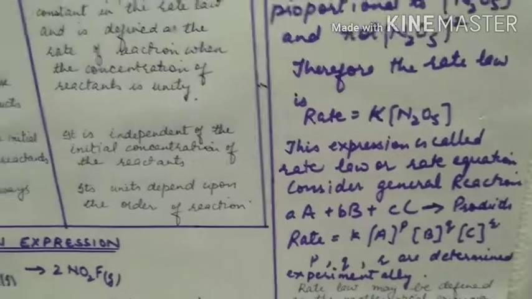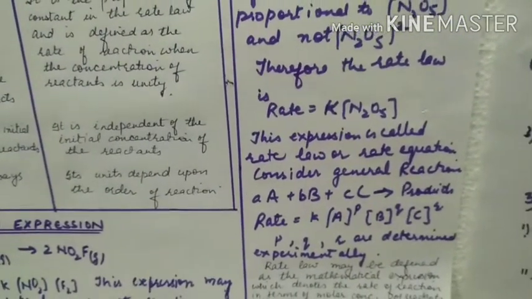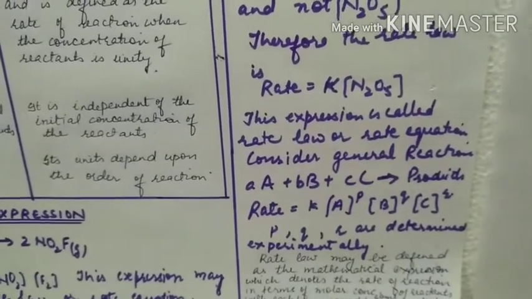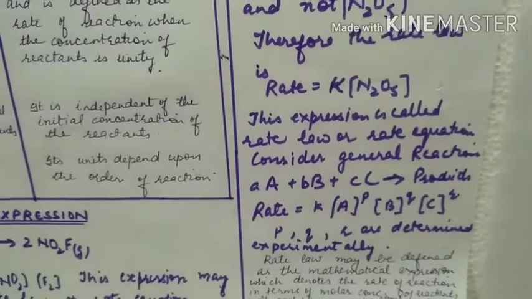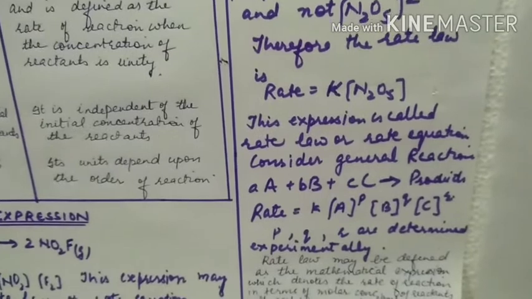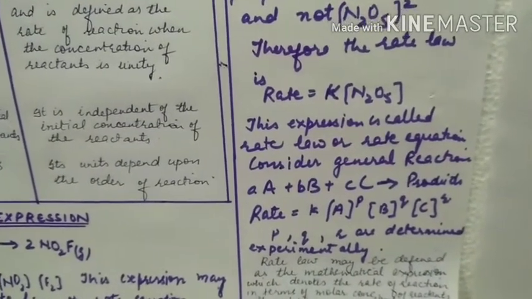So for any general reaction, if a moles of A plus b moles of B plus c moles of C combine to form products, then rate is equal to rate constant into concentration of A raised to power p into concentration of B raised to power q into concentration of C raised to power r.